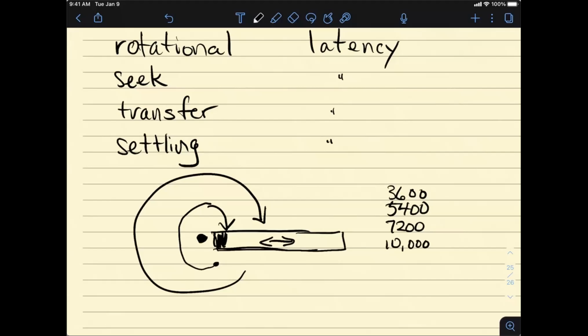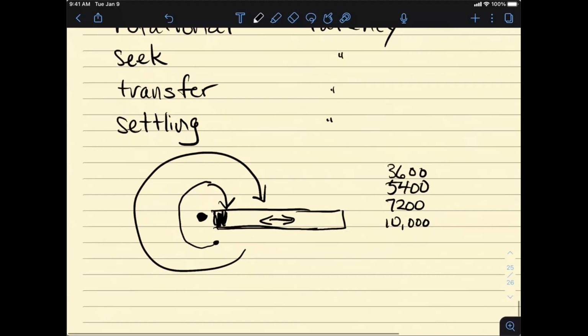And that is on the order of milliseconds on average. The rotational latency would be, let's say, 1 over 3,600 RPM, so it's measured in minutes, and you'd have to do the appropriate multiplication or division. But the seek latency is on the order of milliseconds.